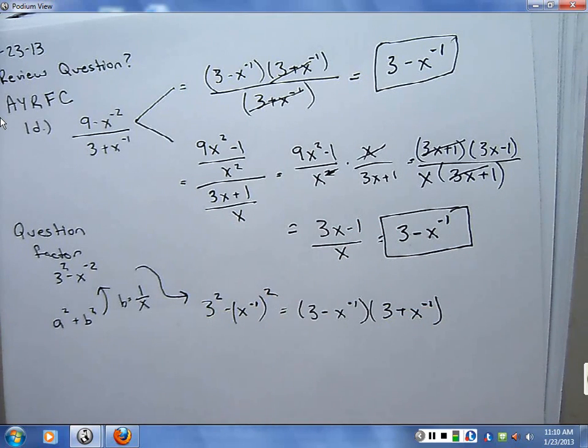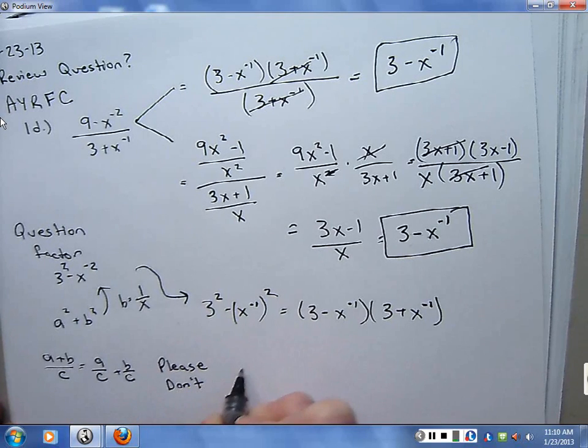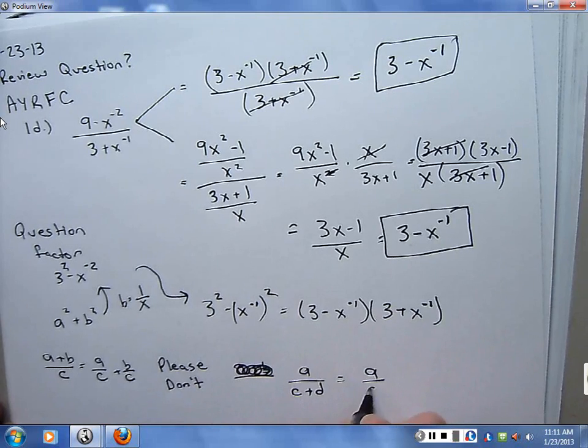So anytime if you have a plus b over c, you can write that as a over c plus b over c. But do not write a over b plus c as a over b plus a over c. That is not correct.